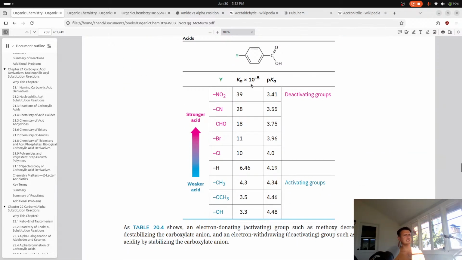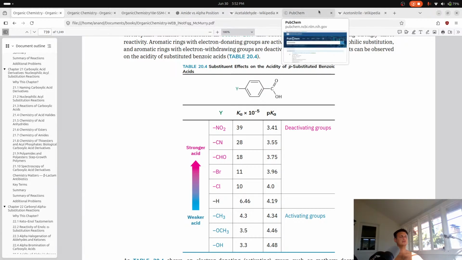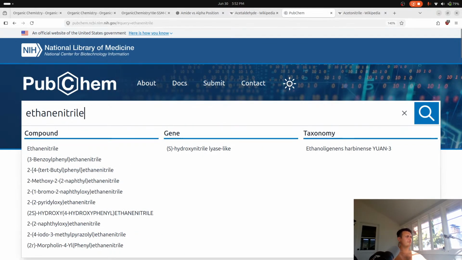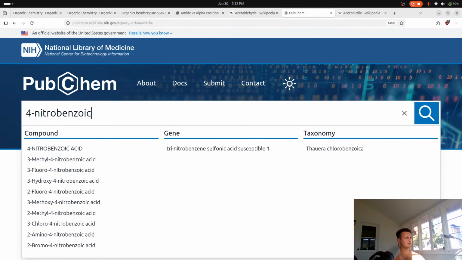All right, so we can see here that if you have a nitro group here, so this would be para-nitrobenzoic acid, right? Let's see if we can get that right. So 4-nitrobenzoic.